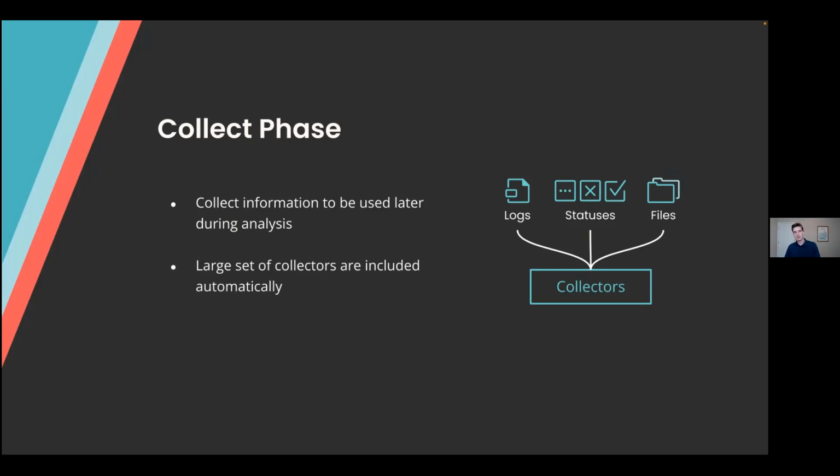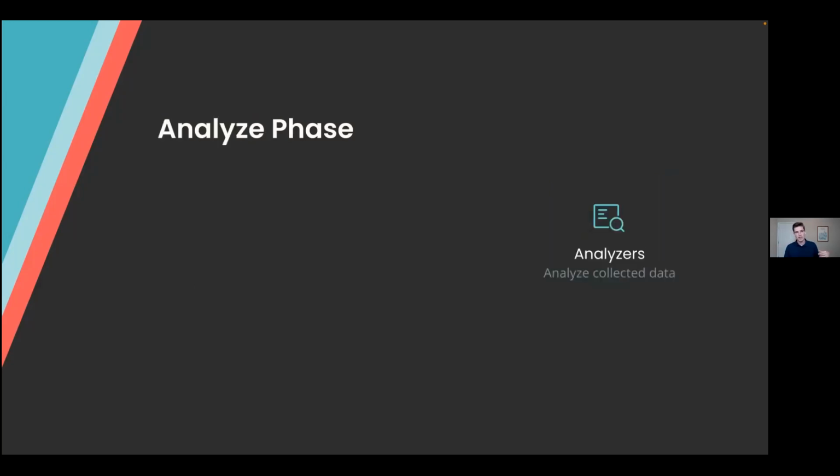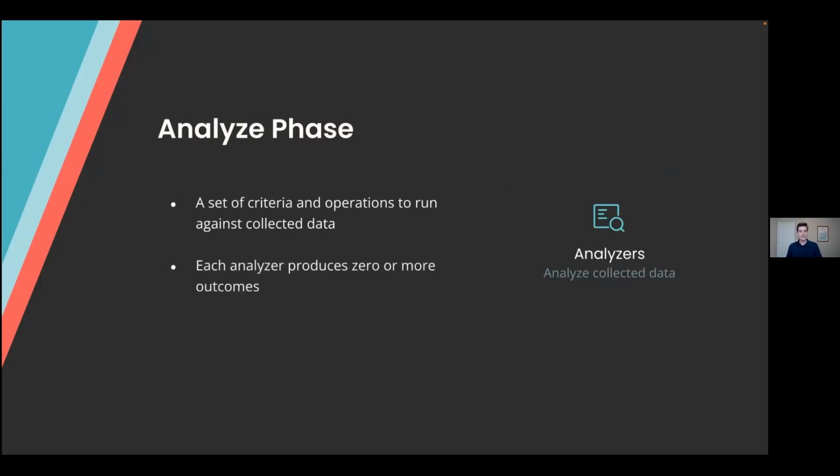But all of this information is collected so that it can then be leveraged in the analyze phase, which is a set of criteria and operations that run against that collected data. And each of these analyzers produces zero or more outcomes. And then each of these outcomes is either a pass, a warn, or a fail.